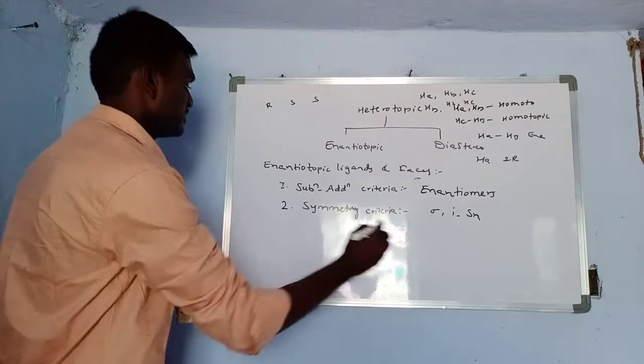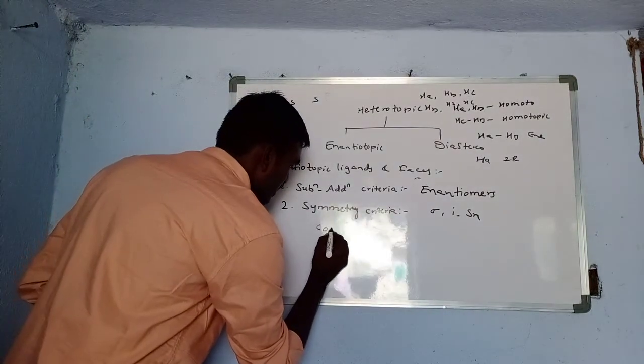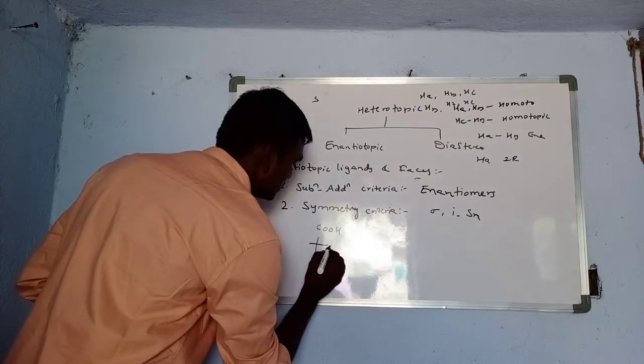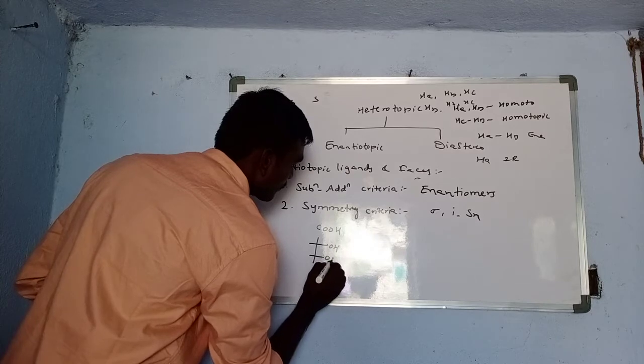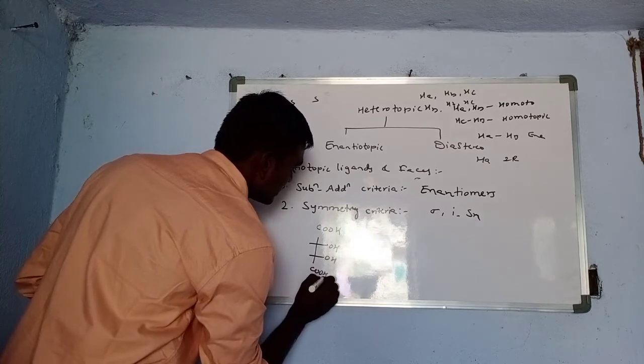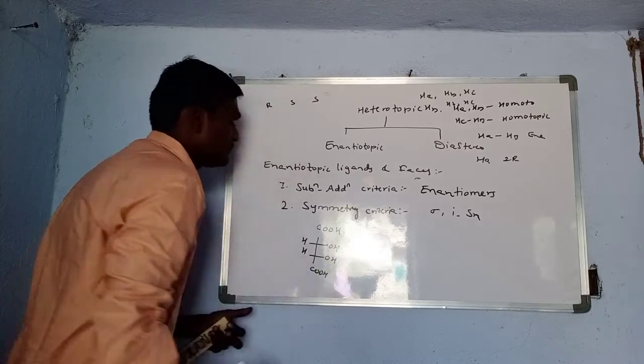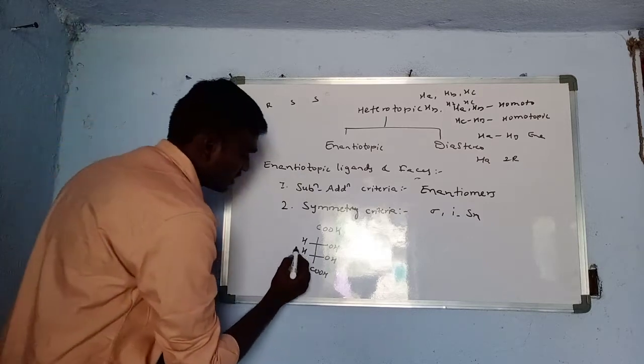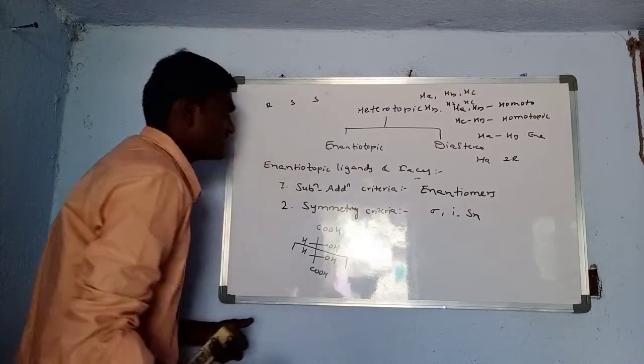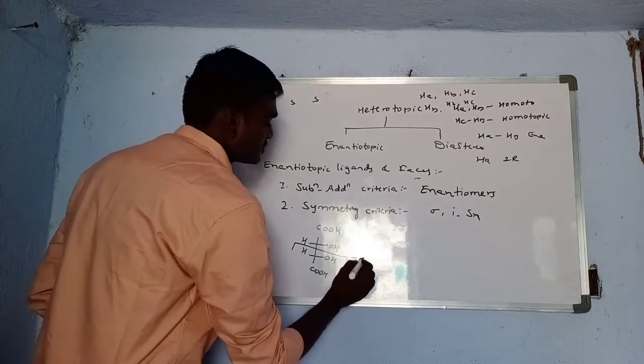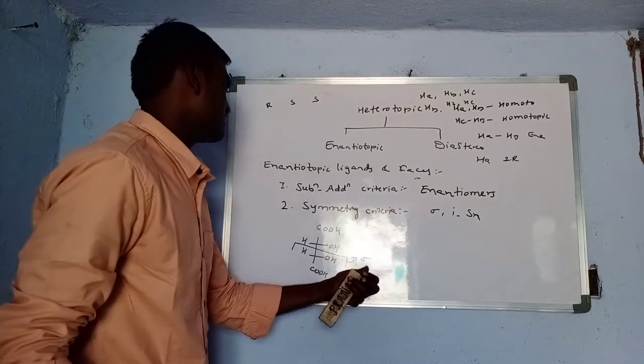Let's see one example here. If we take meso-tartaric acid, what will happen here? A second kind symmetry element is present, that is sigma.